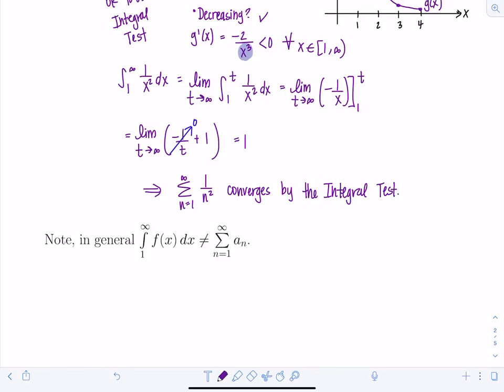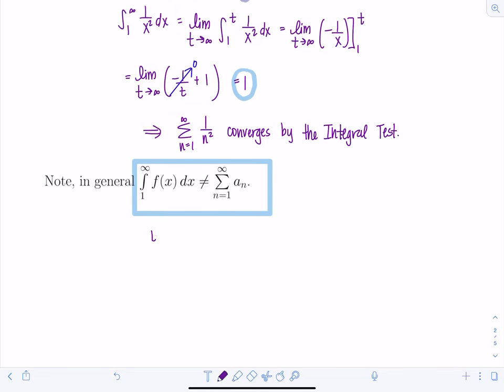All right, now note in general, whatever value you get for the improper integral is not equal to the infinite sum, okay? So for example here, when we evaluated the improper integral for 1 over x squared dx, the value of that came out to be 1, but that's actually not what the sum of 1 over n squared is from 1 to infinity.